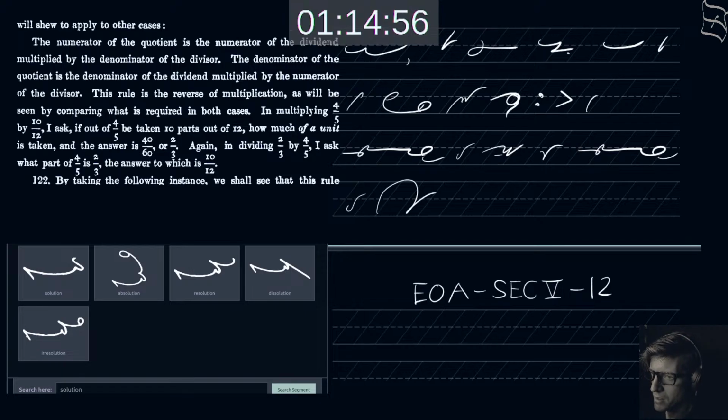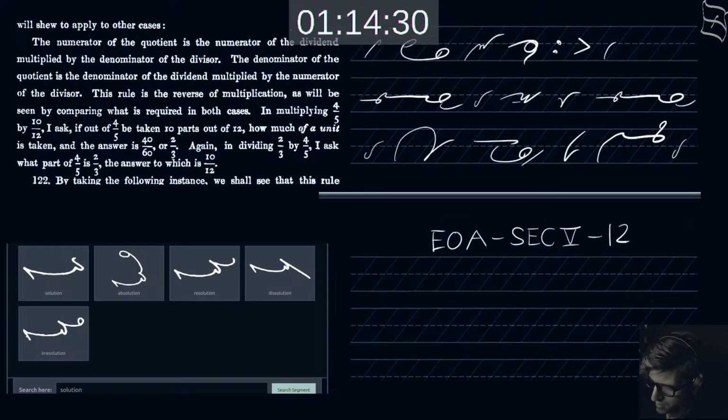Multiplied by the denominator of the divisor.